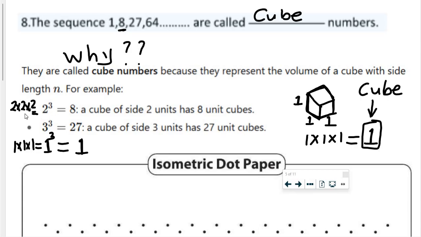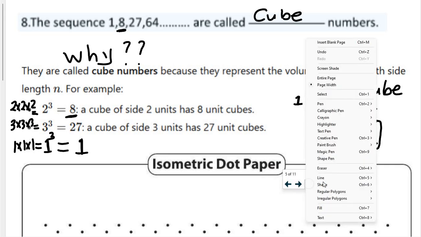And 2 into 2 into 2 gives you 8, and 8 is the second cube number. So you keep going. To get the third, you do 3 into 3 into 3, which equals 3 to the power of 3, which is equal to 27.